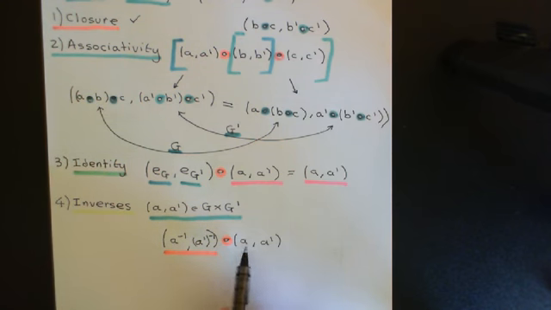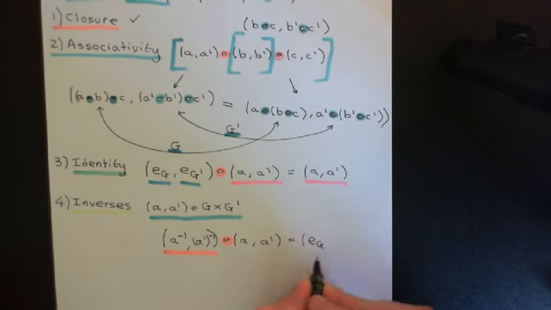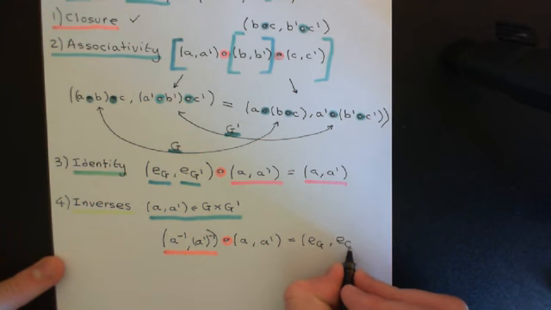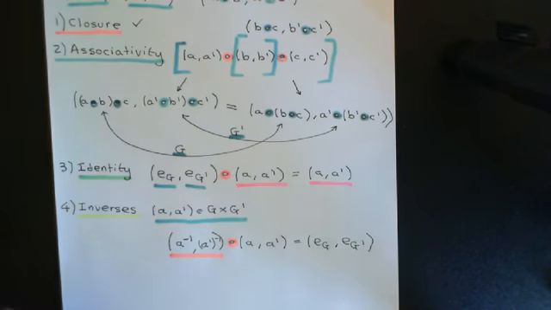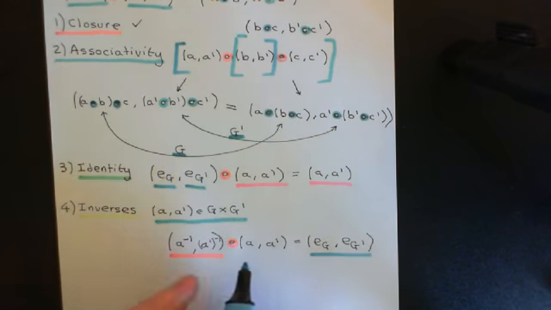We will just multiply A inverse with A, and we'll get the identity in G, and then we'll multiply A prime inverse by A prime, and we'll get the identity in G prime, which of course is our identity in this new product group. Of course this would hold true again if we multiplied it the other way around. If we swapped these two over and did it the other way around, this would also hold true.